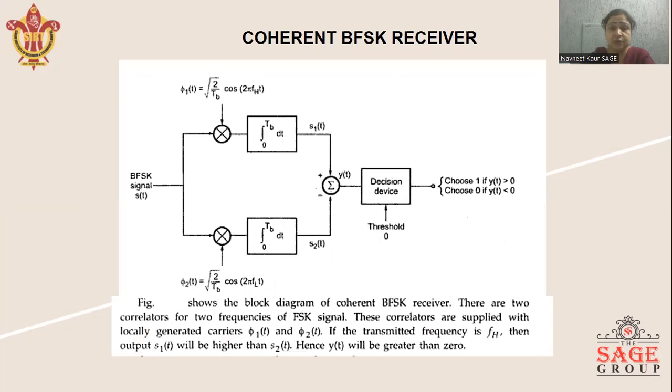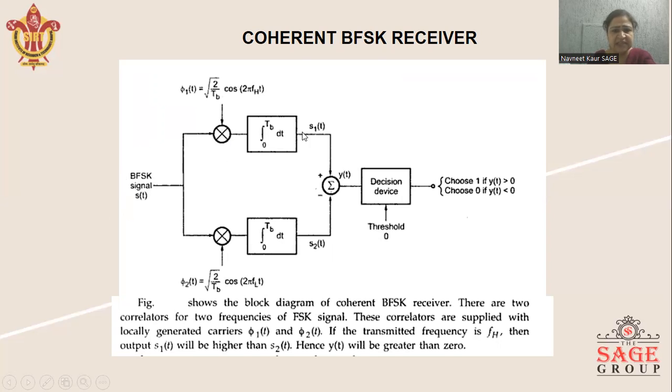Now, coming to the receiver section of the BFSK signal, here we will use the synchronous detection method for detection. Now, this is the BFSK signal which is received at the receiver section. Now, this signal will be multiplied by the carriers, one at higher frequency and another at lower frequency. Now, if the message was 1, the carrier would have been transmitted at higher frequency.